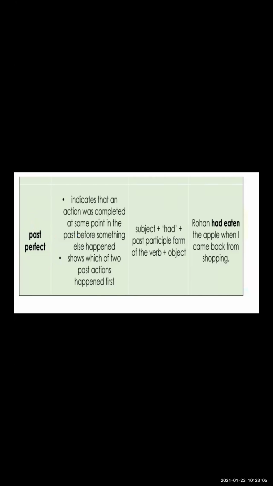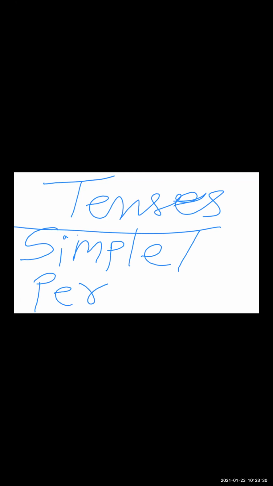Okay, let's move on. So this was all about the tenses. I hope you have understood tenses. How many tenses have we seen? Simple, perfect, and what was the third one?